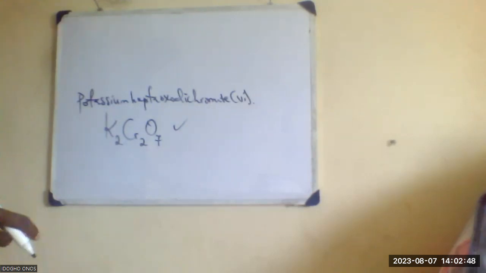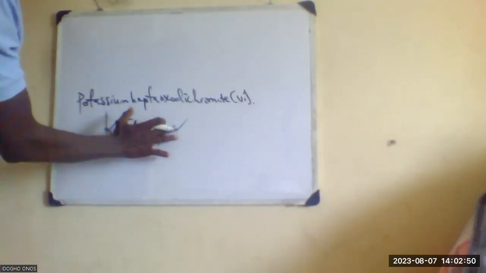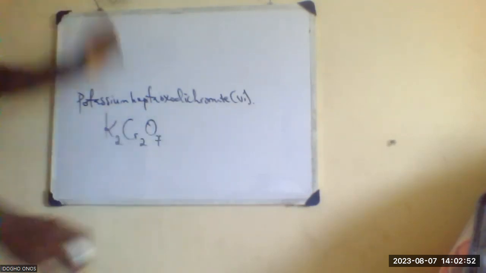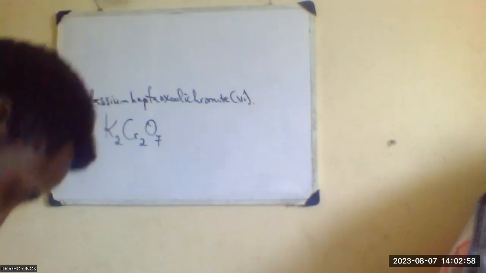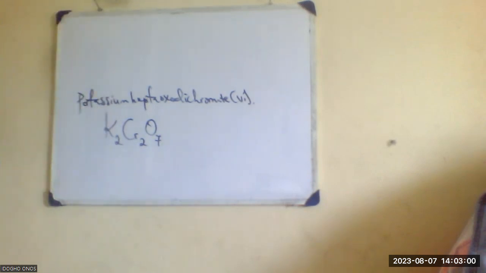Perfect. Affirmation. So I can gladly say I am done with writing formula of the compound and how you do nomenclature, since we have been able to successfully answer one. Does anybody have issue with how we got the name?